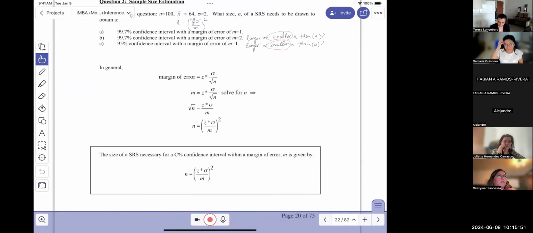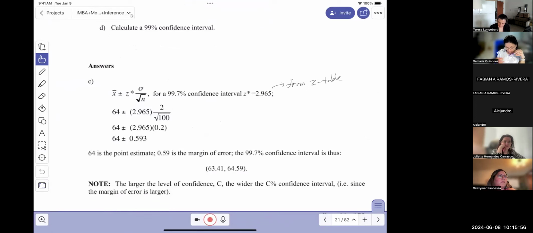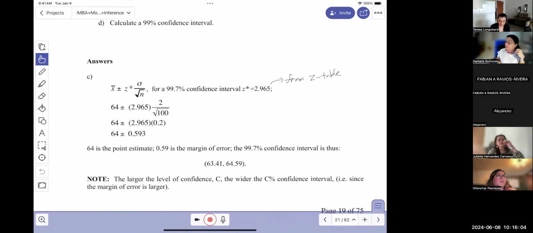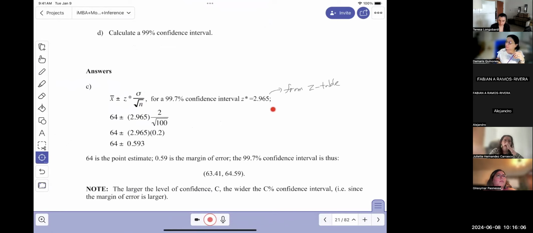Have a look at those. I calculate them all on this page. And you can get the Z stars with 3 decimal places from, well, I said the Z table, from the T table. The bottom of the T table to get 3 decimal places.